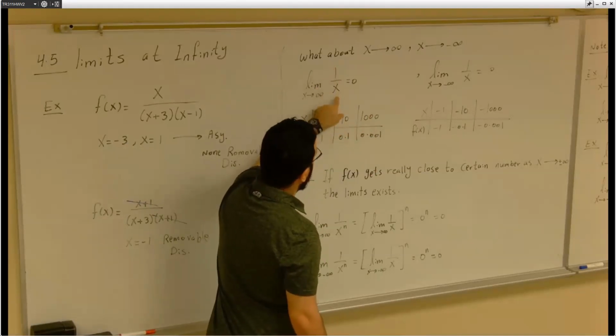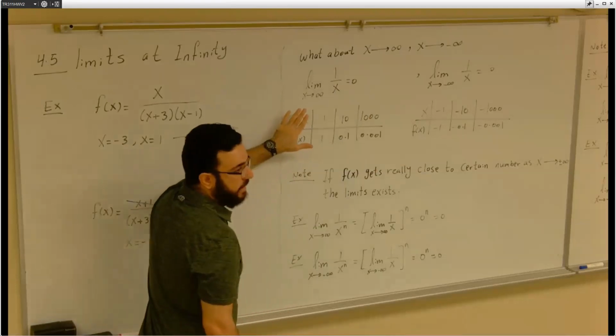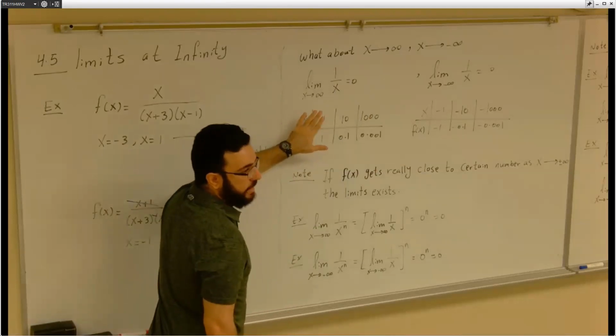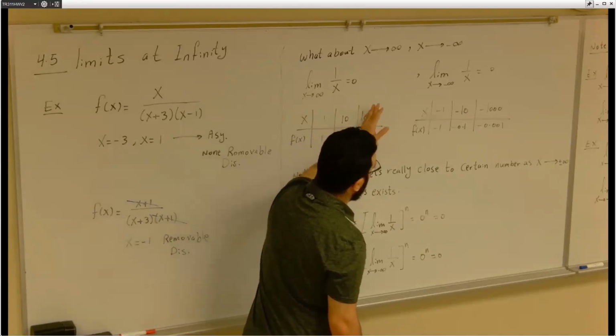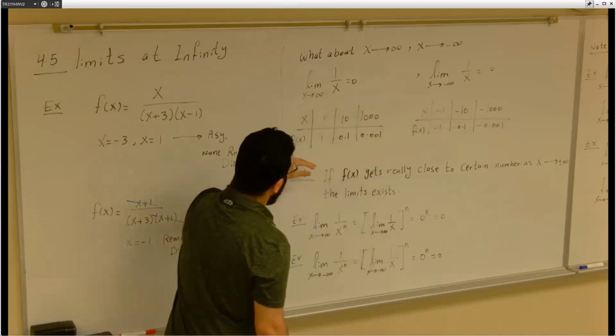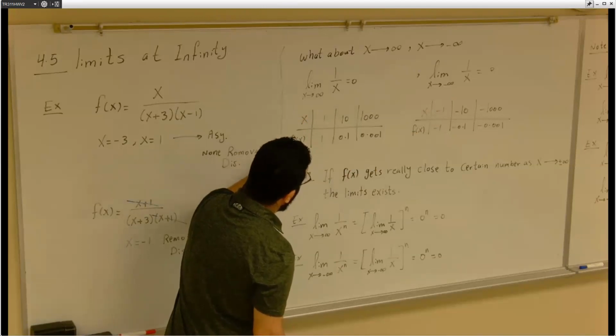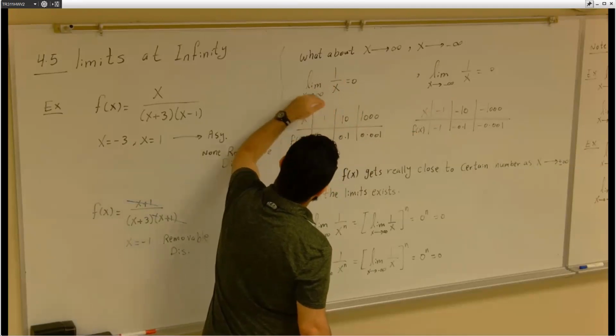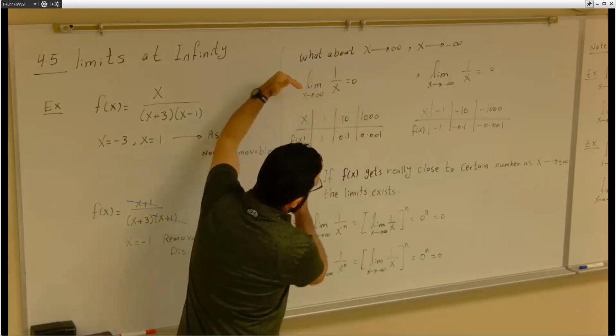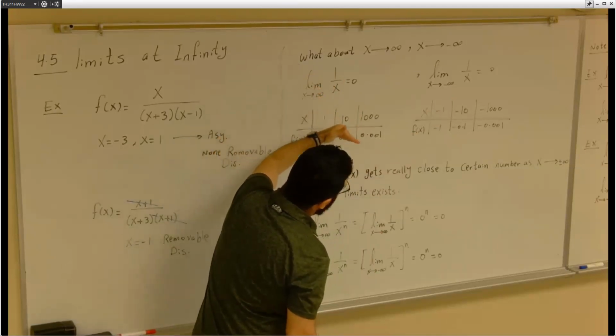I made a table: as x approaches infinity, 1, 10,000, and keeps going to infinity, the y value approaches 0. When you graph this function, as x goes to infinity, the function goes down, approaching 0.